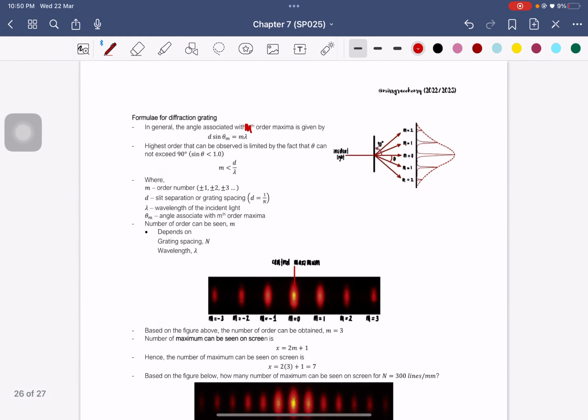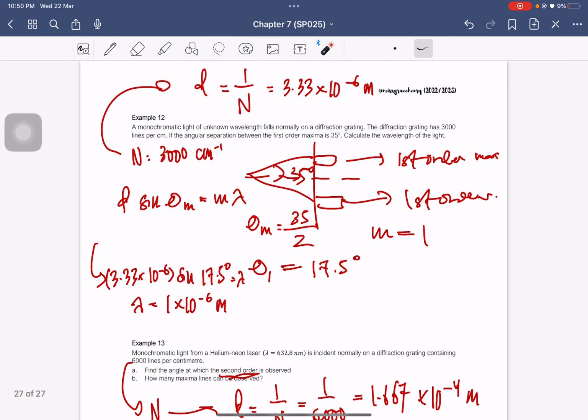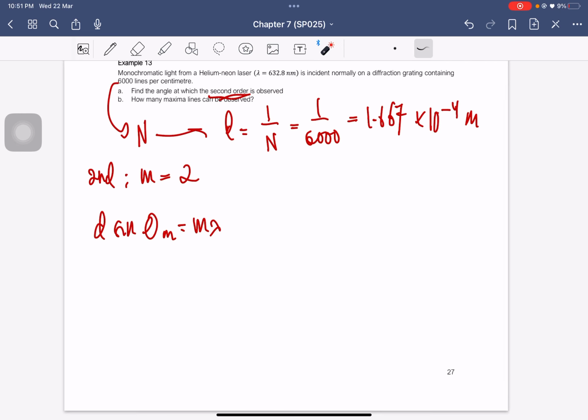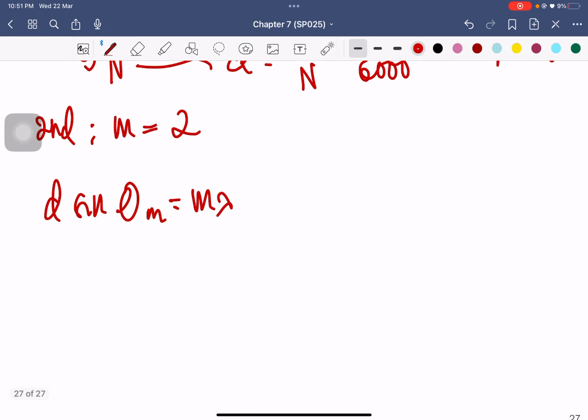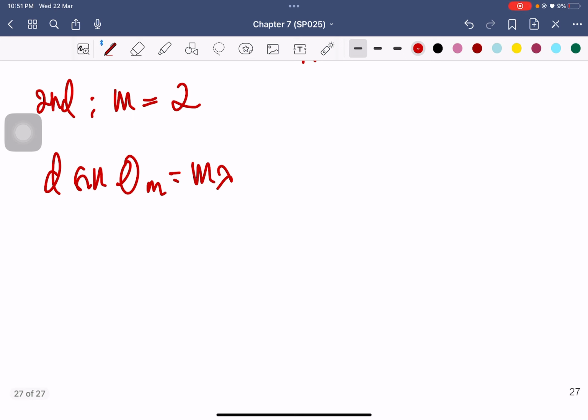D is equal to 1 over n, which is given here. Okay, so why did this one use 1 centi? Okay, never mind. So that is your grating spacing. This is d. So from here, we are looking for theta.